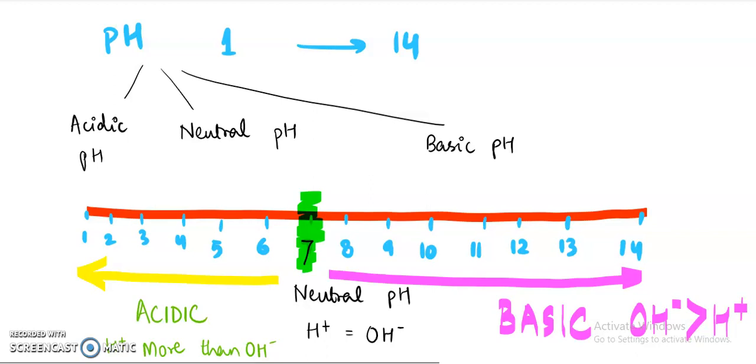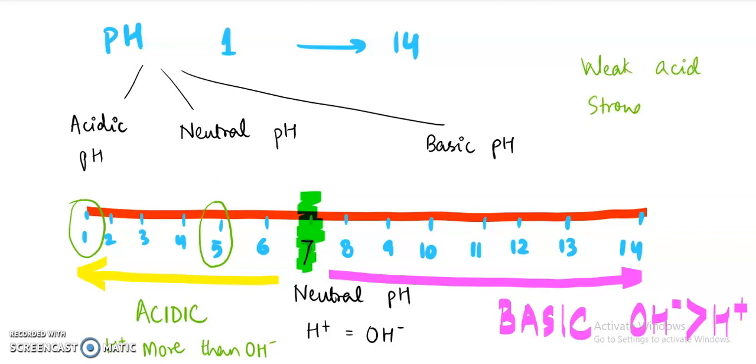Now suppose two values are given to you, 5 and 1, and they ask you which one is a weak acid and which one is a strong acid. This is one of the questions of your chemistry chapter. To find out whether it is a strong acid or a weak acid, we need to relate the values. One value is 5 and one is 1.